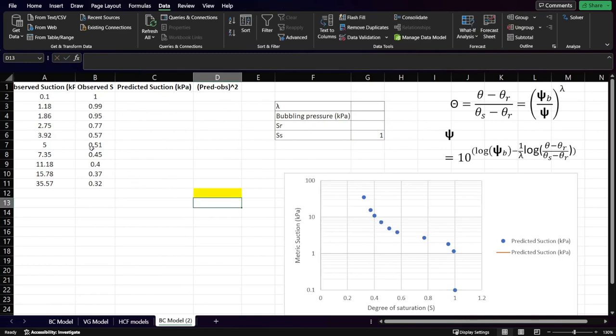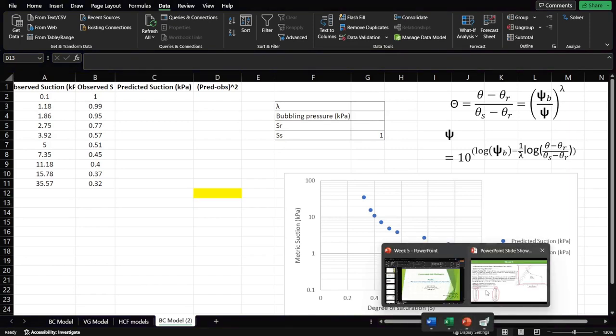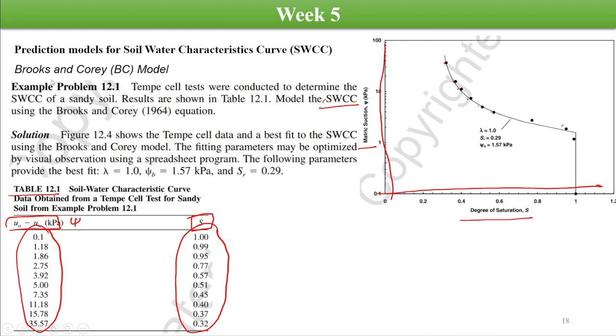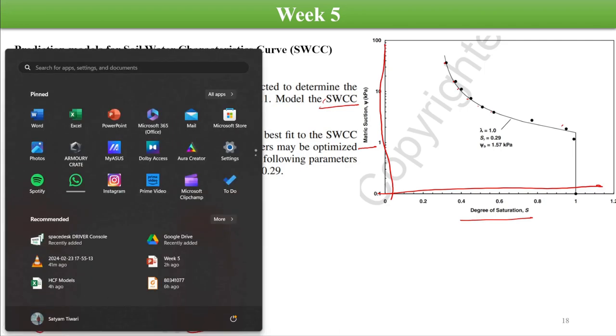We'll start from the question, where we have matrix suction values of 0.1, 1.18, 1.86 and so on, and degree of saturation values of 0.99, 0.95 and so on.